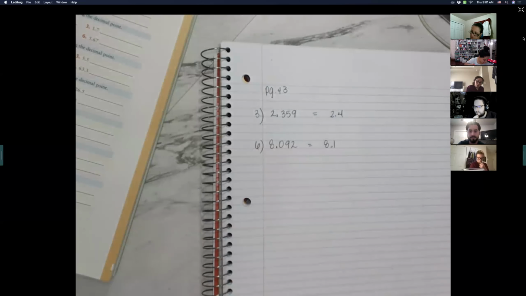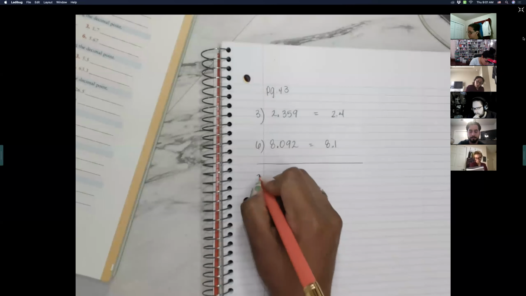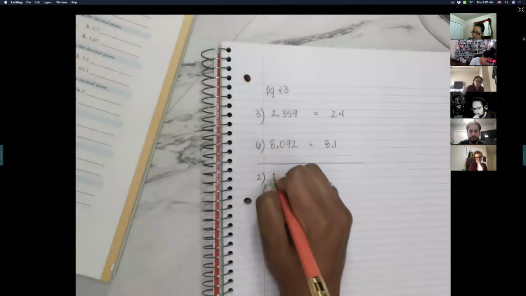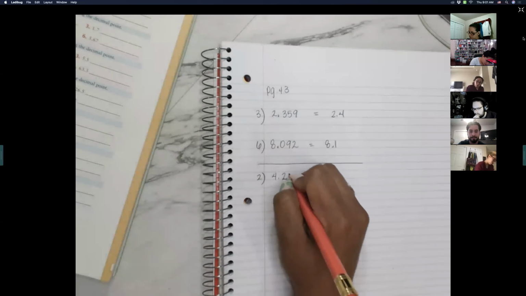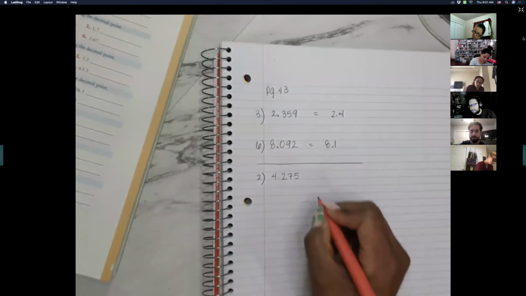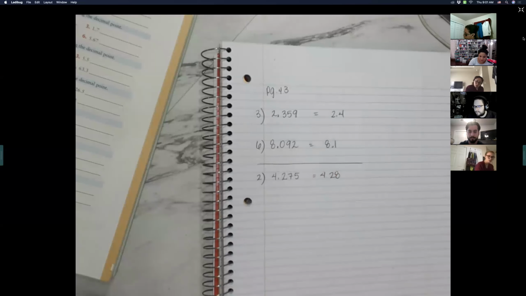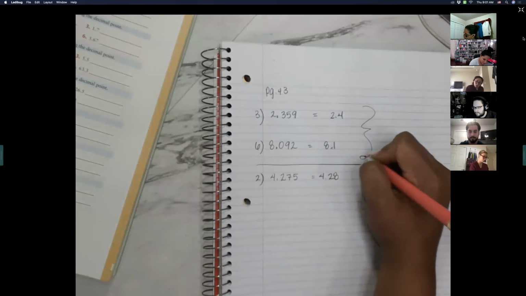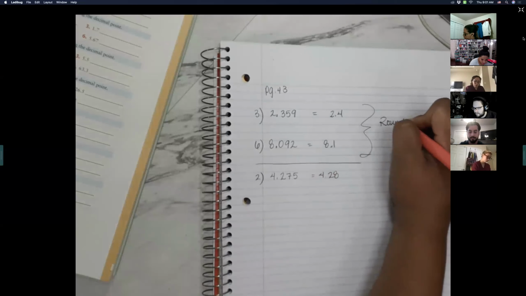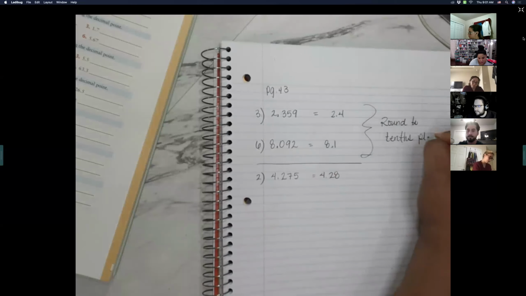All right, next section. We're doing number 2, and the value is 4.275. And this time round to the hundredths place. 4.28. Yes. I'm just writing notes for the people that are going to watch this later.